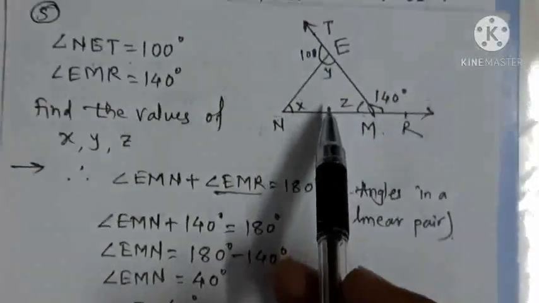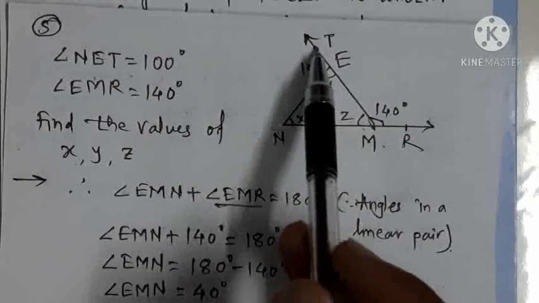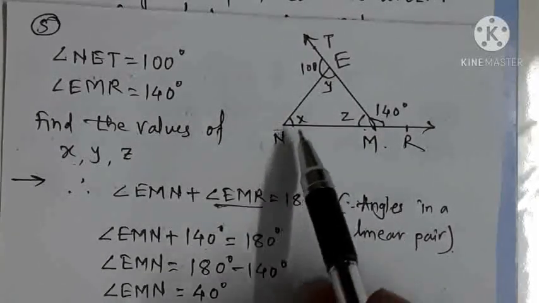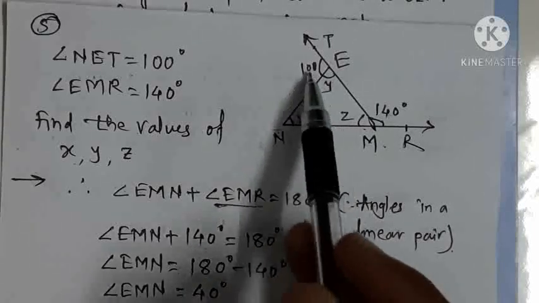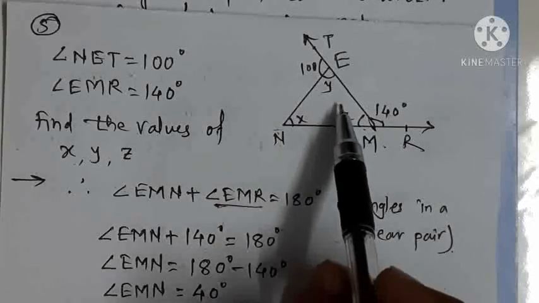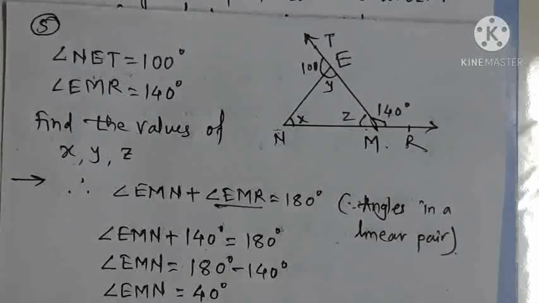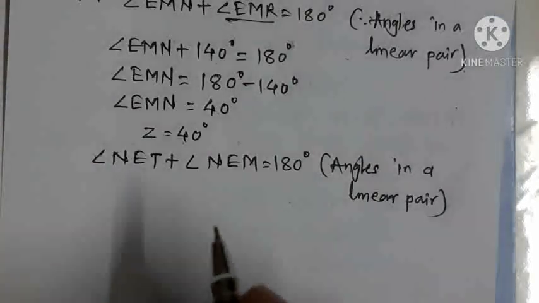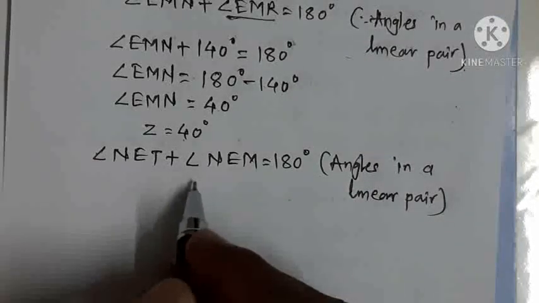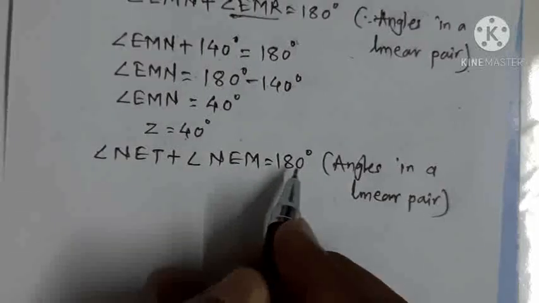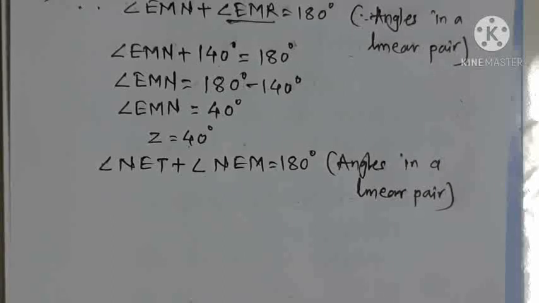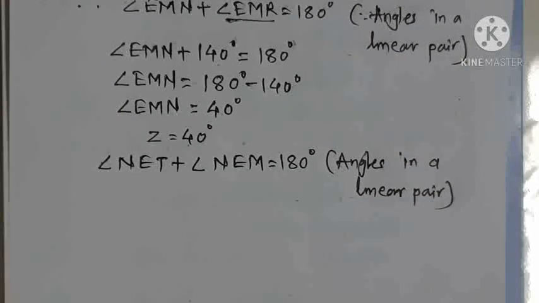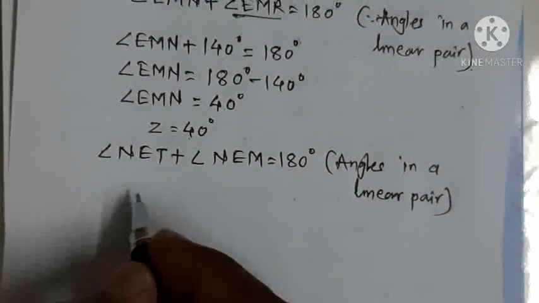Here also note that angle TEN and angle NEM, these two angles form angles in a linear pair. Now, again use this property. Angle NET plus angle NEM is equal to 180 degree. But we know that angle NET is equal to 100 degree.